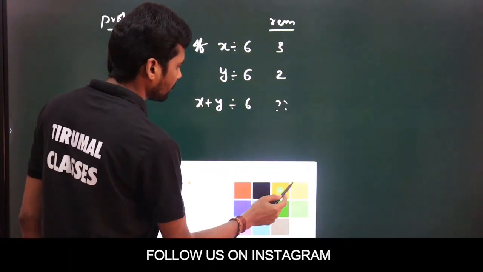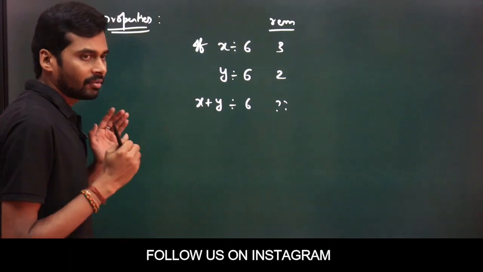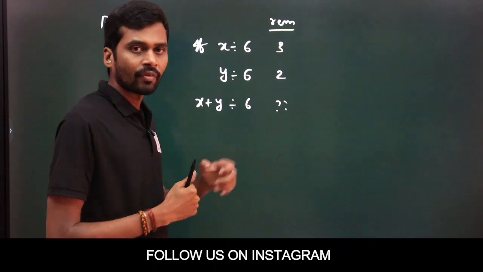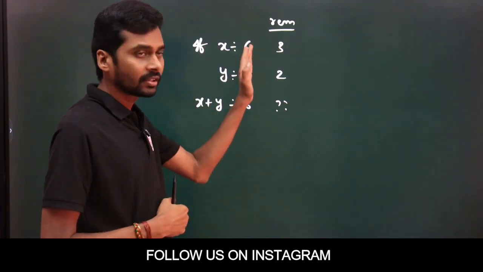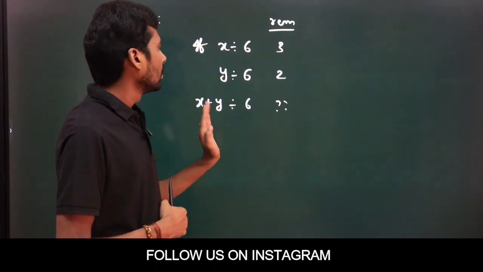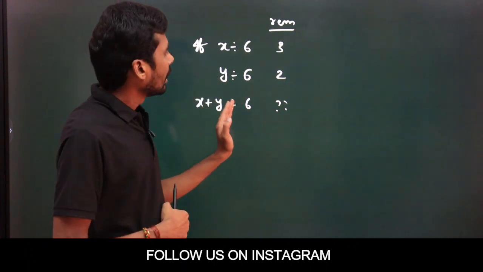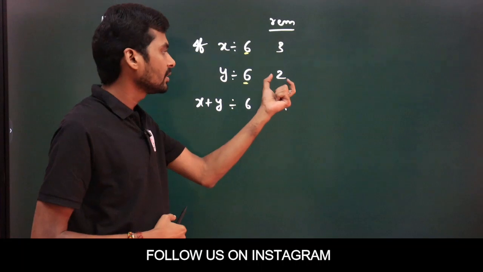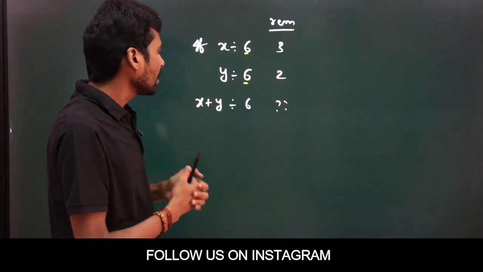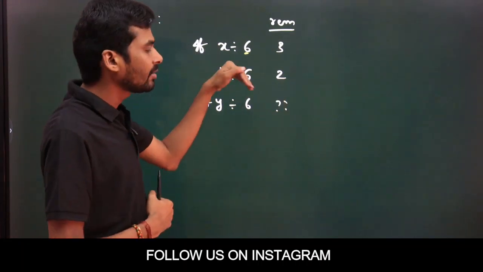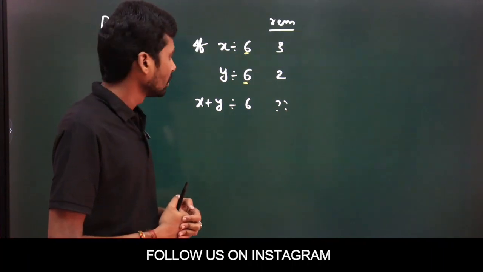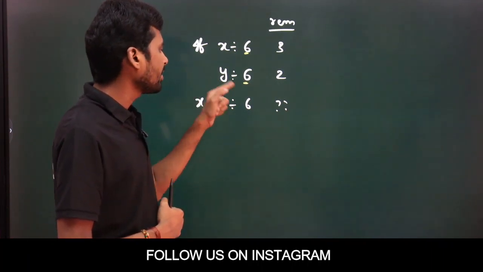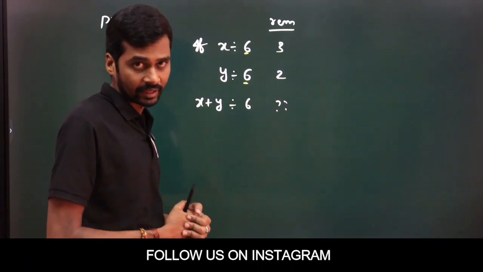I don't know those numbers. If I divide a particular number by 6, the remainder is 3. Again I take another number and divide by the same divisor, and suppose I get remainder 2. What if I add these two numbers and then divide by 6? What is the remainder I'll get?